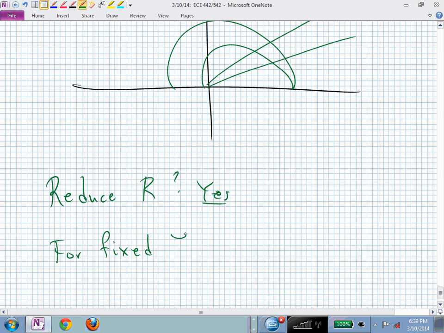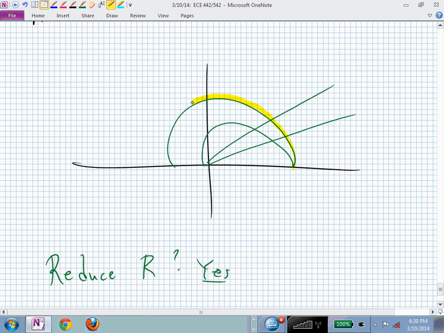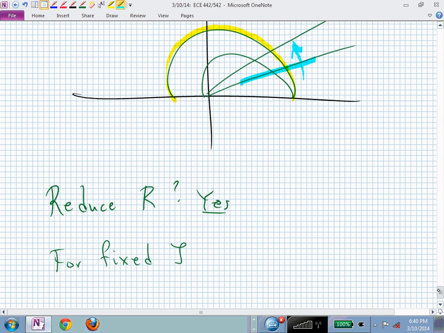So for a fixed zeta, let's say that's this curve right here. As we move from this angle, that direction, we're collapsing our radius. Does everybody see that? The radius is getting smaller.